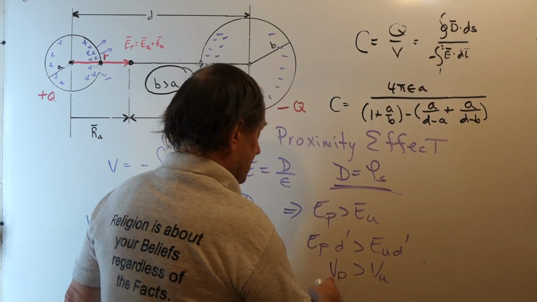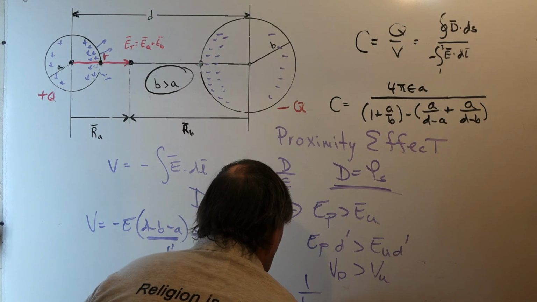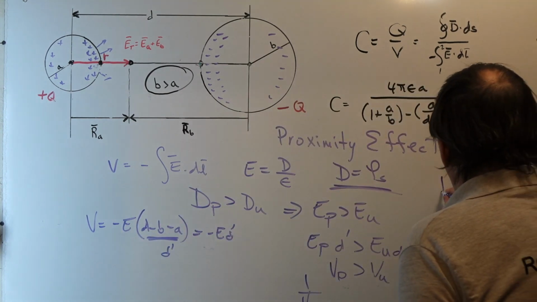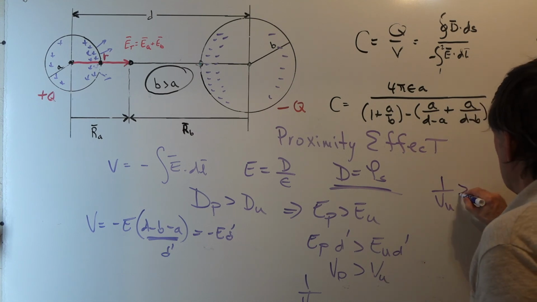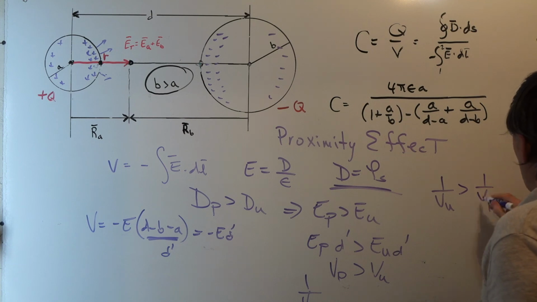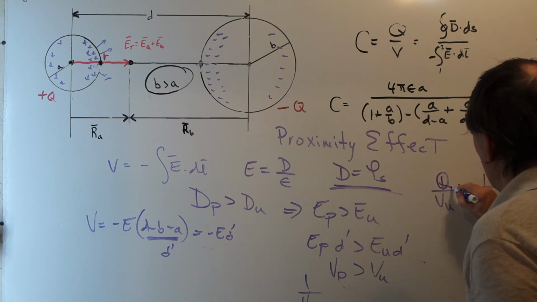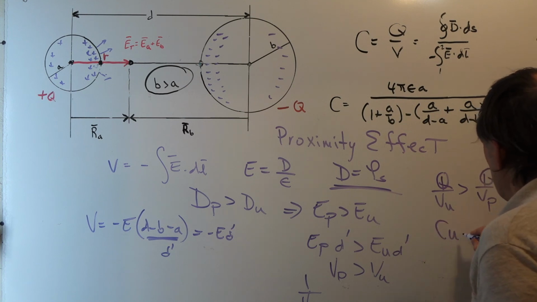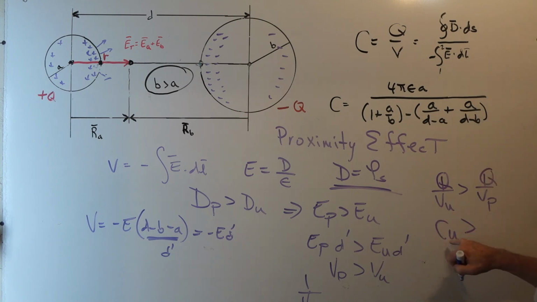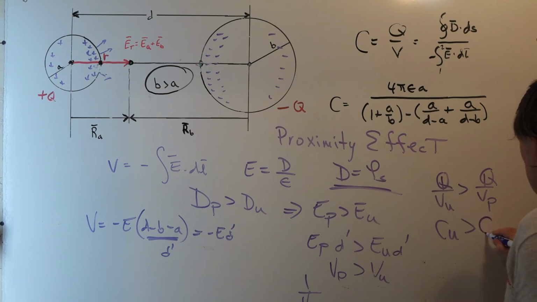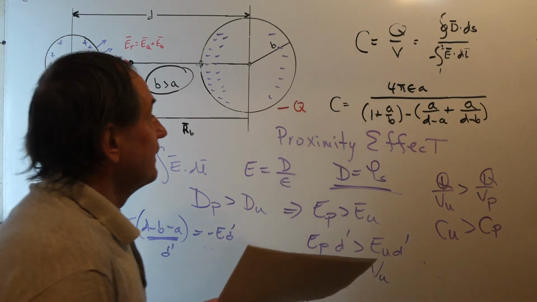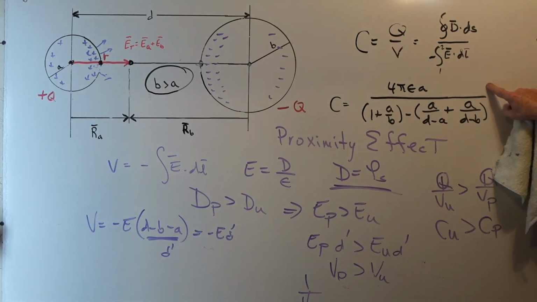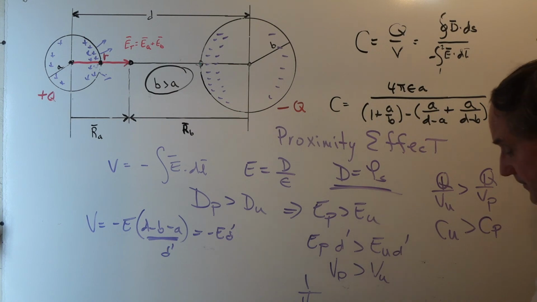So 1 over the voltage when you have a uniformly distributed charge is going to be greater than 1 over the voltage with proximity. If we multiply through by Q, then we see that the capacitance when you have a uniform charge distribution is going to be greater than the capacitance when you have proximity effects. So this places an upper bound on the capacitance, which is good to know.